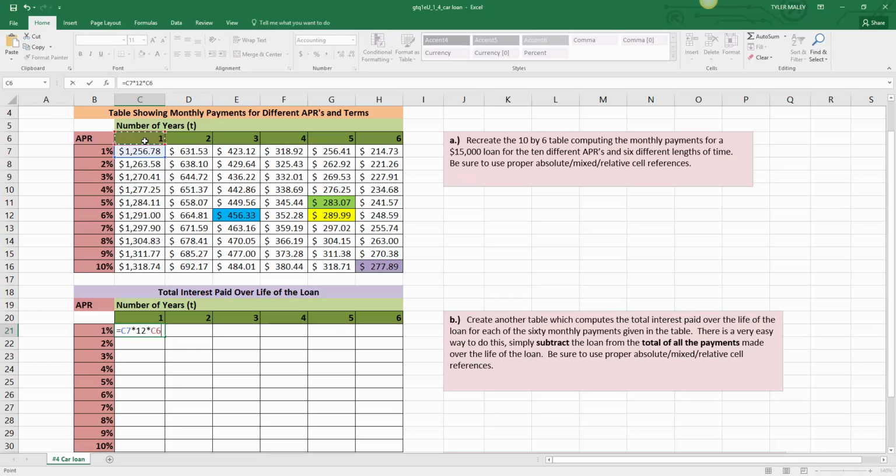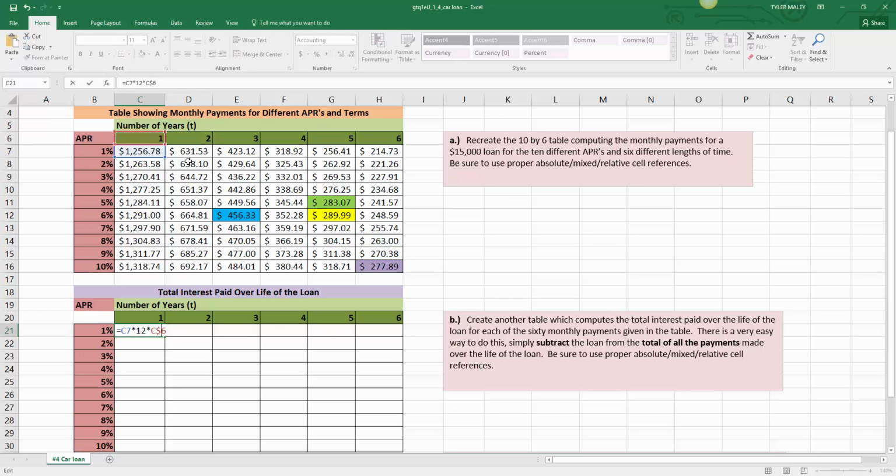Now, one thing you want to think about is when I drag this formula, all my years are in a row, so I don't want the row to move, right? So I'm going to put a $ sign in front of the 6. And I didn't need $ signs with the C7 at all, because when I pull this up and down, left and right, I want the cell to move in the table above, right?